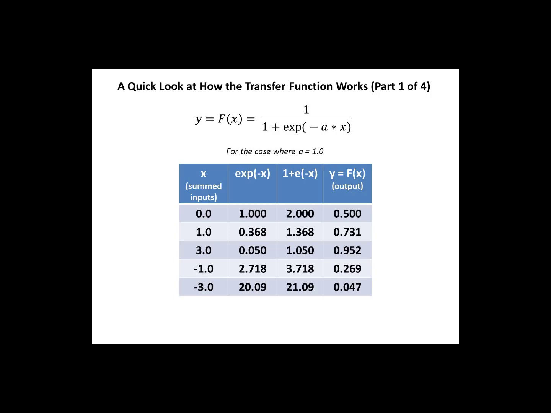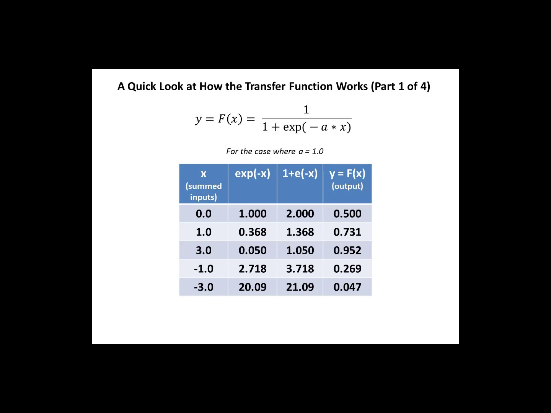The first column has our input into the transfer function. We see that the central point, 0, is the first one, and then we have 2 points to the right at 1 and 3, which is the farthest right that we have on the graph. And then we have minus 1 and minus 3, which take us to the left-hand side of the graph. The second column is e to the minus x.